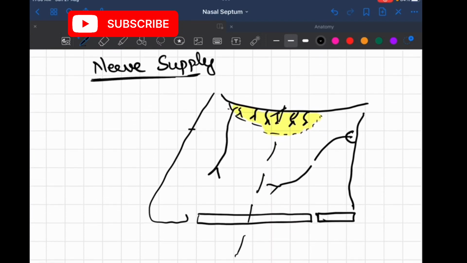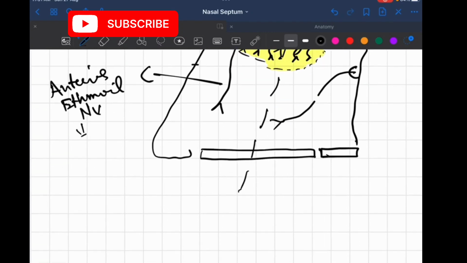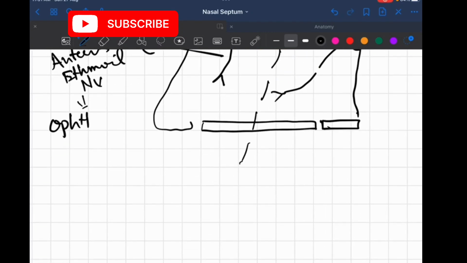Now let us discuss the nerve supply. Nerve supply is mainly by three branches. First, the anterior ethmoidal nerve, which is a branch of the ophthalmic nerve of the trigeminal.